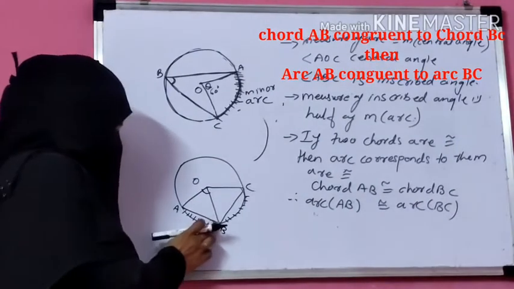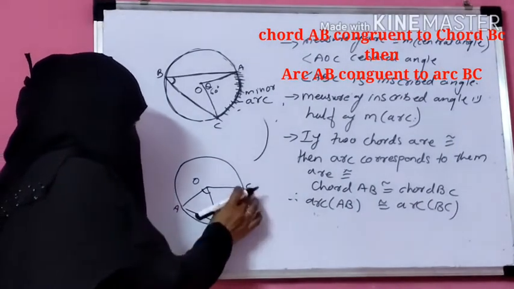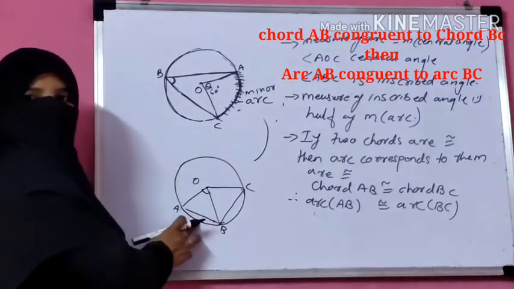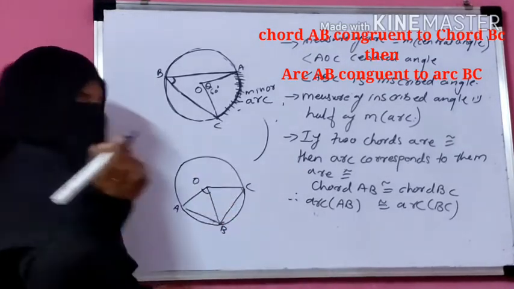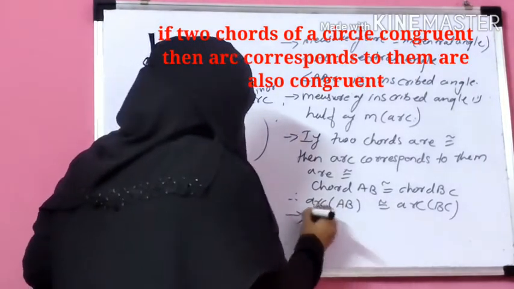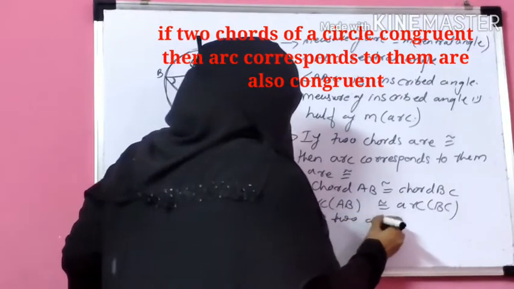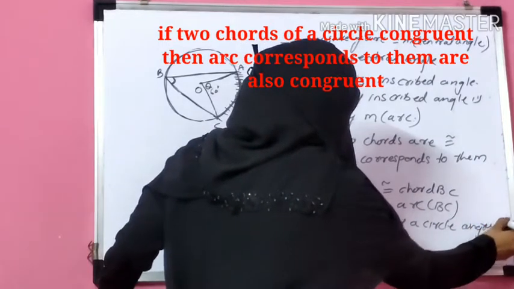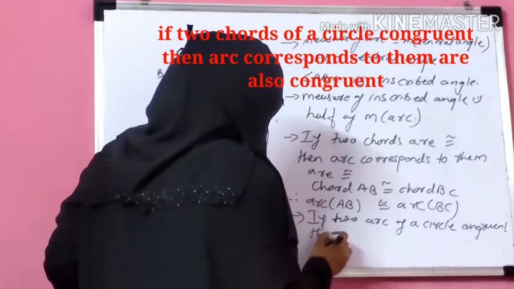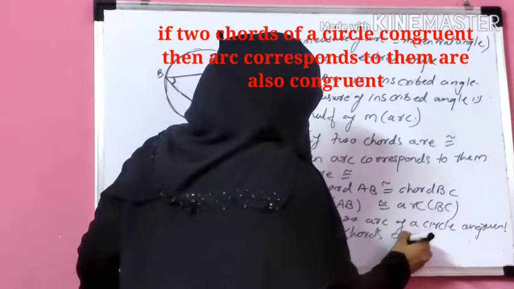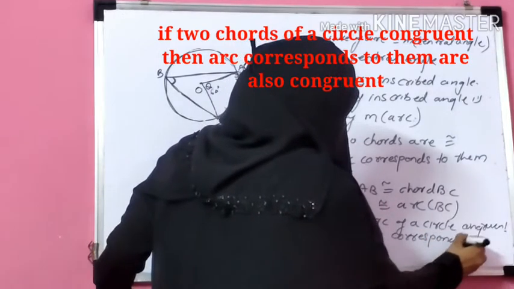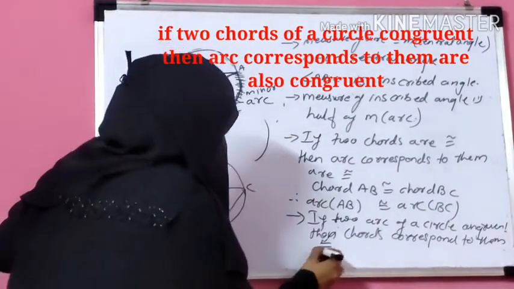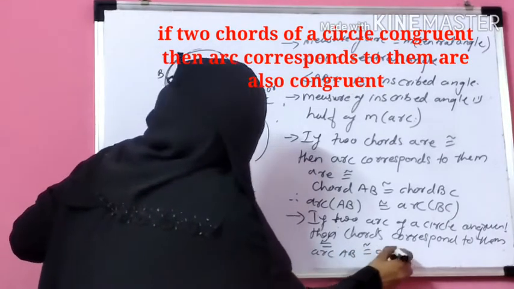Vice versa. If two arcs of a circle are congruent, then the chords corresponding to them are congruent. So here arc AB is congruent to arc BC.